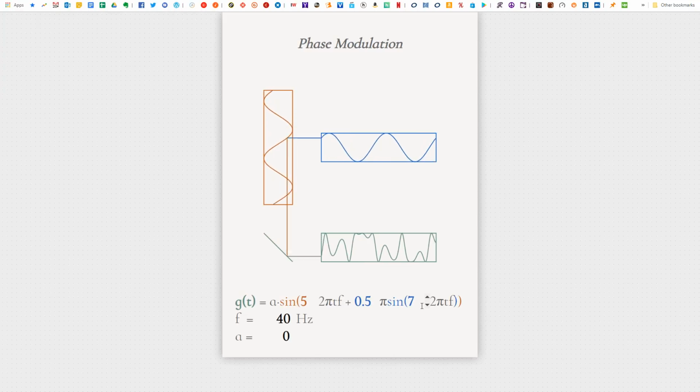And so as I slow down the frequency of the modulator here, we can see that the resulting waveform isn't changing as much in pitch, because this isn't really linked to pitch. Pitch is an incidental thing that will change because I'm moving the playhead.